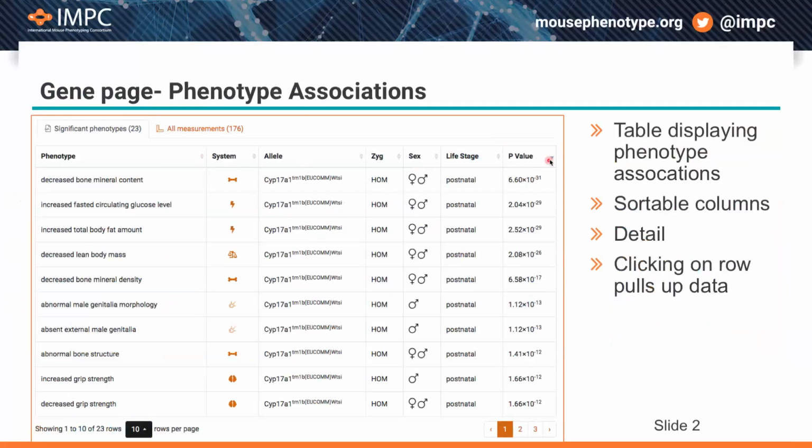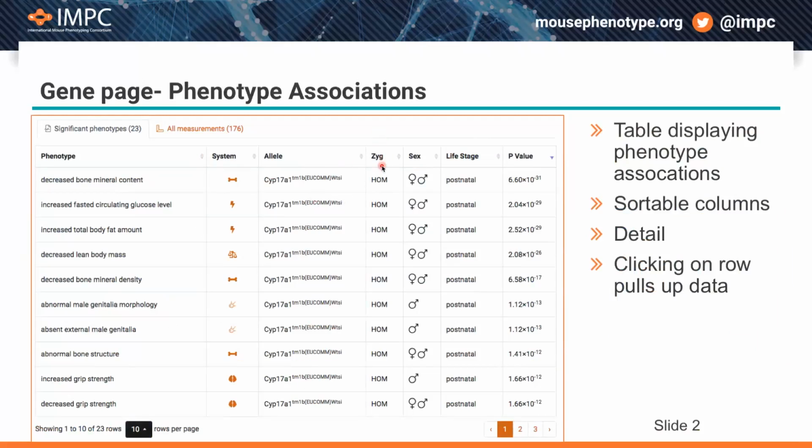In this case, I've sorted for smallest p-value, most significant p-values. We have the MP phenotype term names. We have the system they're associated with. We have the alleles, and this is specialized nomenclature describing the allele that was generated. I won't go into it. I could go on and on because I was a curator in MGI.